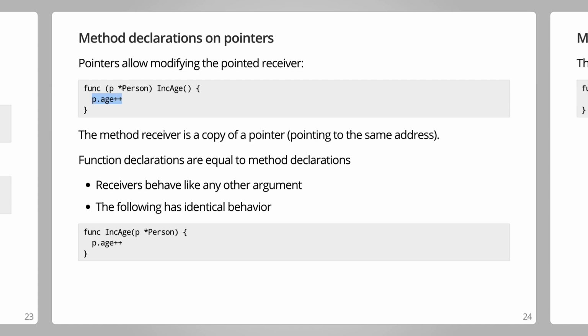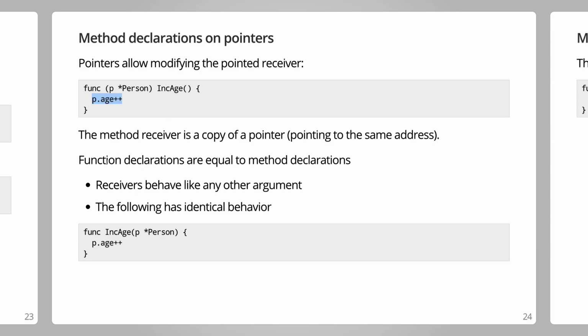It would copy the person object, and it would change the copy, but it wouldn't change the original person object. So the method receiver is a copy of a pointer pointing to the same address.